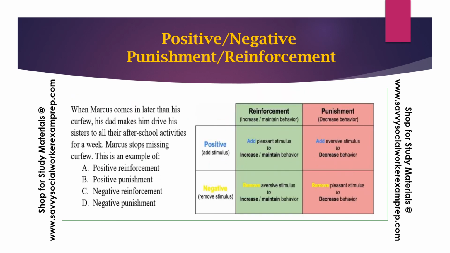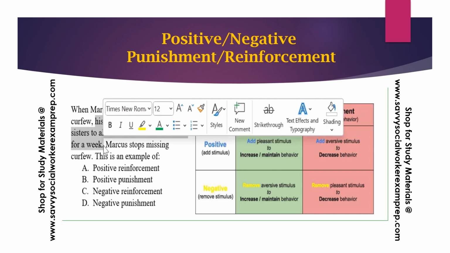And lastly, when Marcus comes in later than his curfew, his dad makes him drive his sisters to all their after school activities for a week. Marcus stopped missing curfew. This is an example of, okay, so when Marcus comes in later than his curfew, his dad makes him drive his sisters to all their activities. So now his dad is adding something, right?